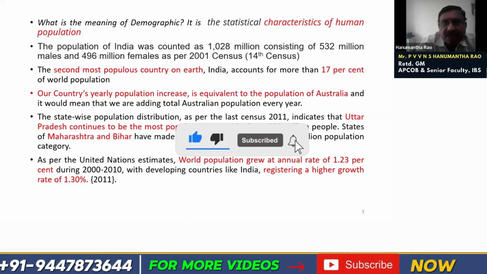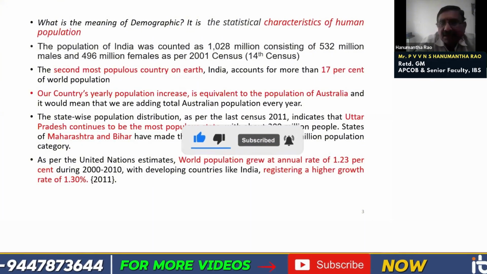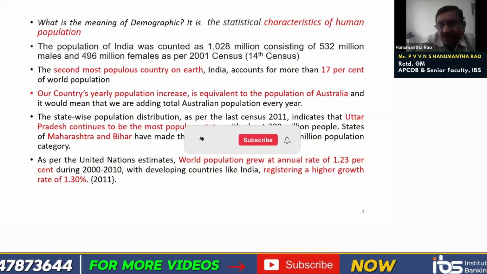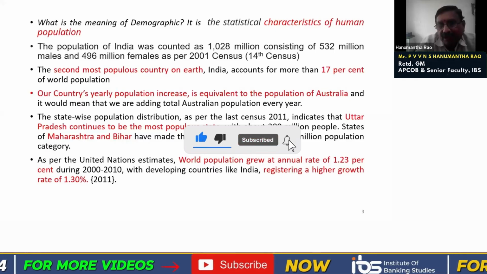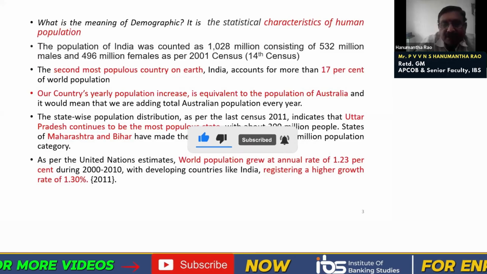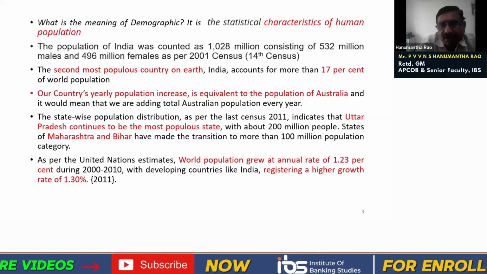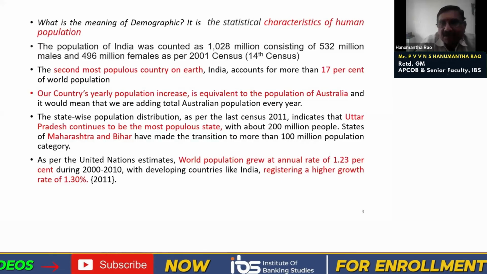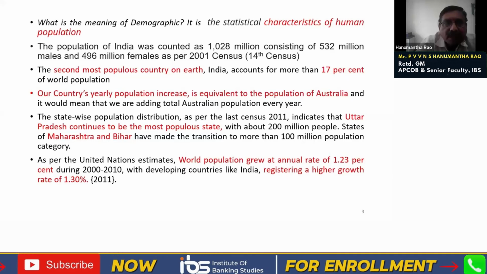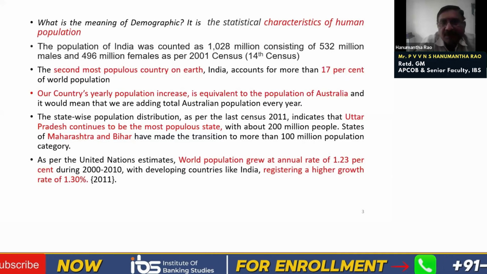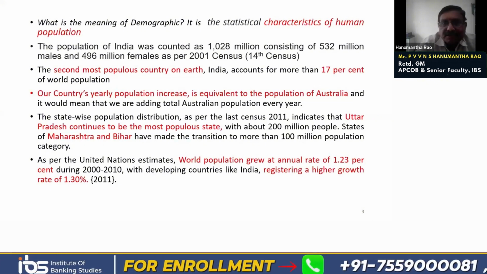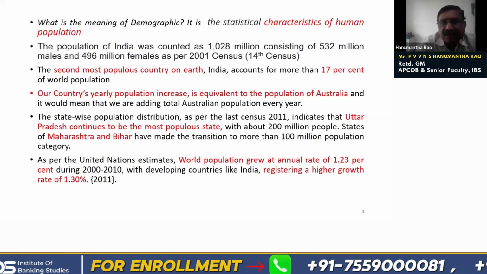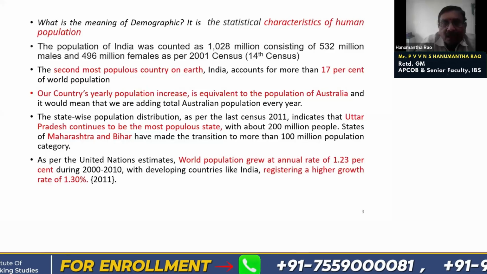Friends, all of us are aware that the census took place in the year 2001 also. Again, after 10 years, means 2011. So in 2011 also, this census work was done by the government. The population of India was counted as 1028 million as per census of 2001.